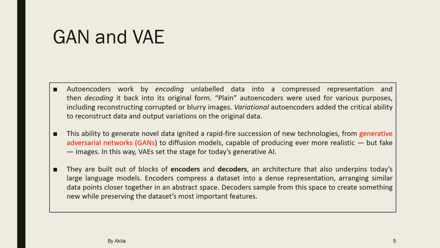The ability to generate novel, new data ignited a rapid-fire succession of new technologies, such as the GAN model and the diffusion model, capable of producing more realistic output. It is not original, but it can produce a fake image. So for that purpose we will use the GAN. These are some of the encoder and decoder architectures to be adopted for our Gen AI.